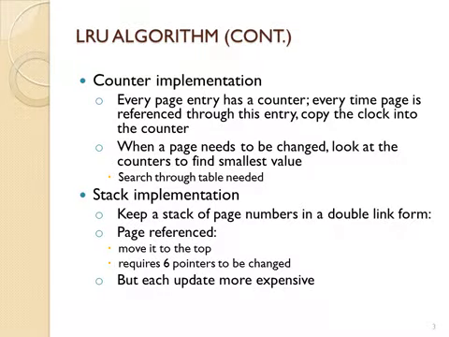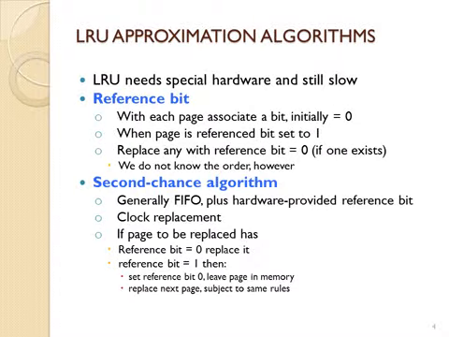So some systems, instead of implementing the least recently used technique, will implement a least recently used approximation. One of them is the second chance algorithm, and it uses a reference bit. Like I said, in your page table you have some different bits, and one of those bits is a reference bit.